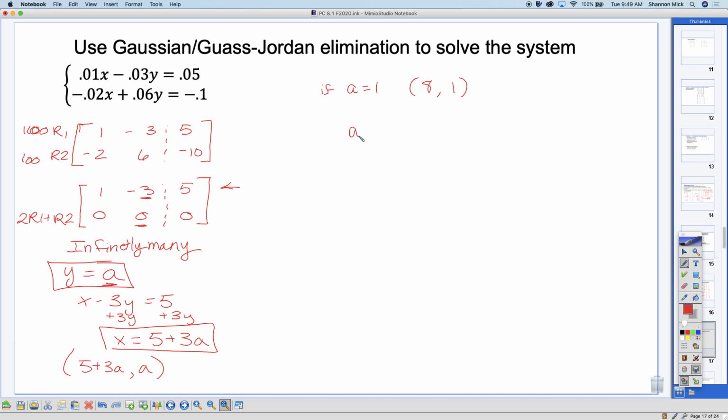If a is 6, what is my ordered pair? 6 times 3 is 18, plus 5 is 23. 23, comma, 6. Do you see that?